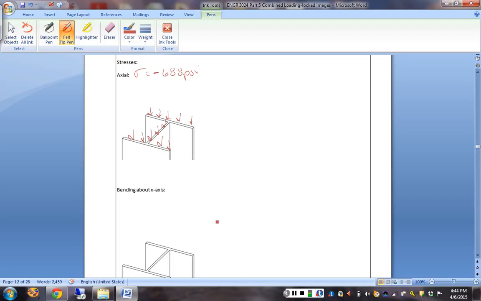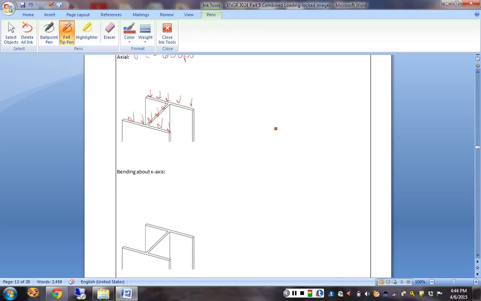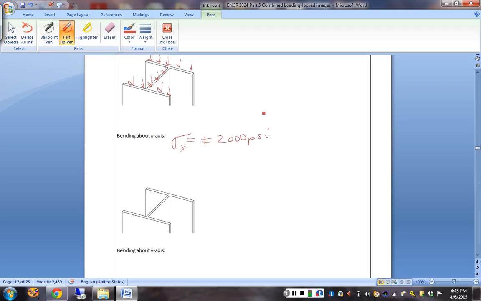All right. So now bending about X, that one was plus or minus 2,000. Okay, now which way is my neutral axis for bending about x? Is it along this way or along this way? Choice B, right?